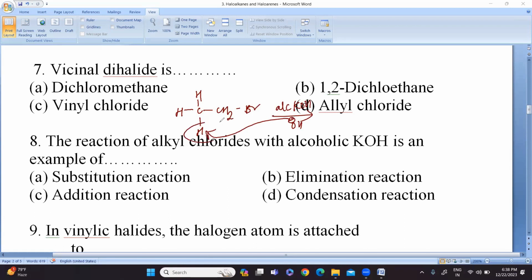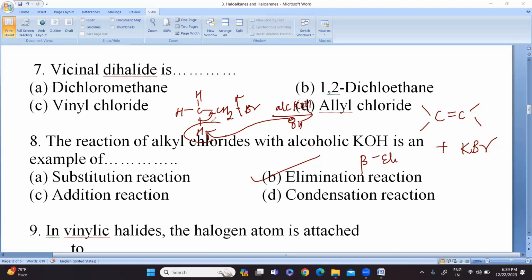In turn, it will undergo a beta elimination and form a carbon-carbon double bond, plus HBr is eliminated. So this is an example of a beta elimination reaction.